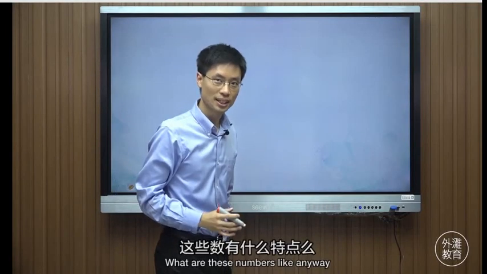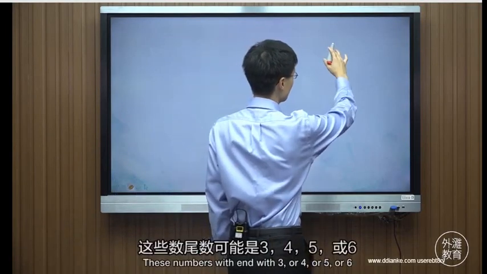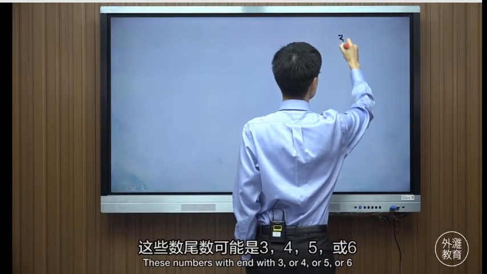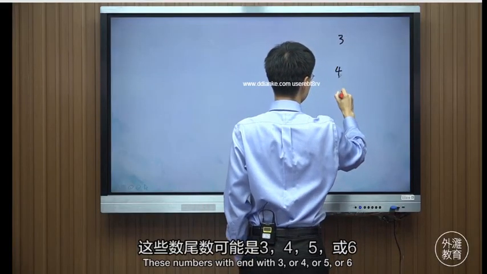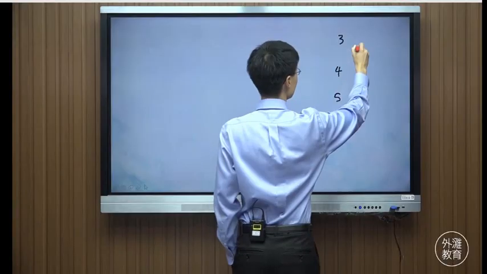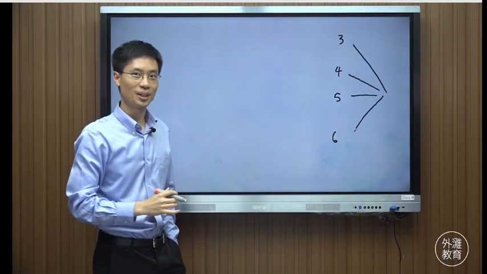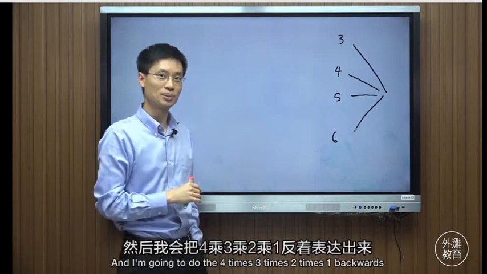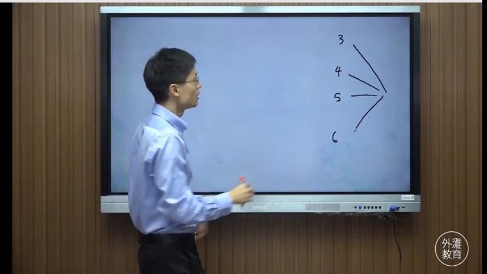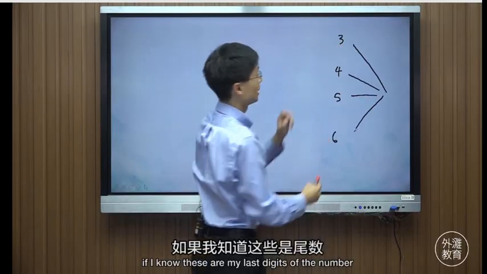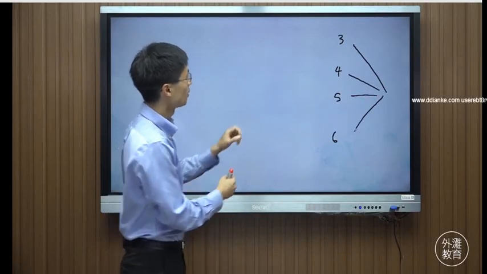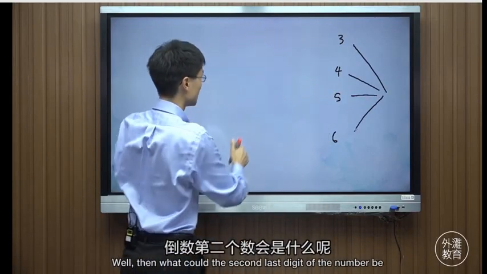What are these numbers like anyway? These numbers will end with 3 or 4 or 5 or 6. These are the possible last digits. I'm drawing a tree diagram, and I'm going to do the 4 times 3 times 2 times 1 backwards. If I know these are my last digits of the number, well then what could the second last digit be?